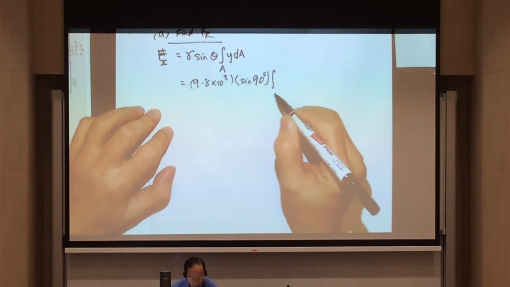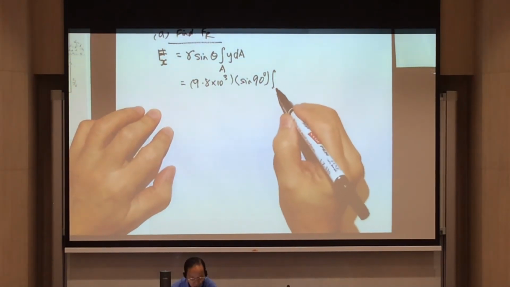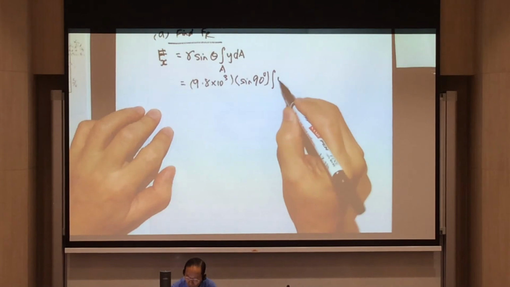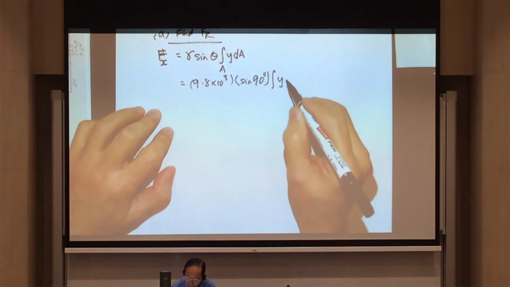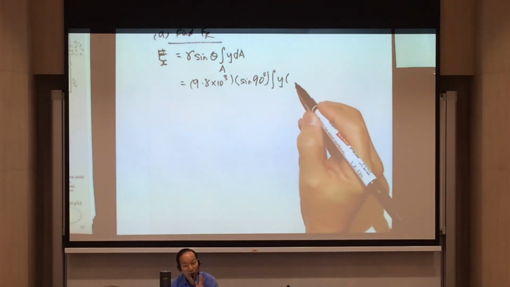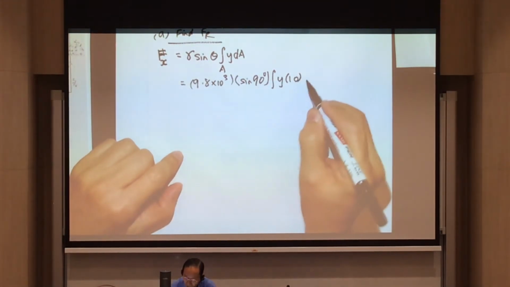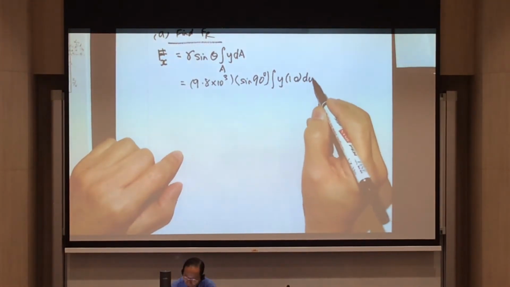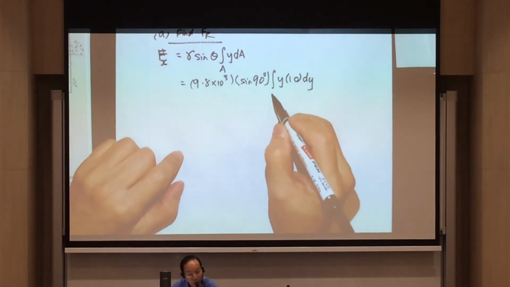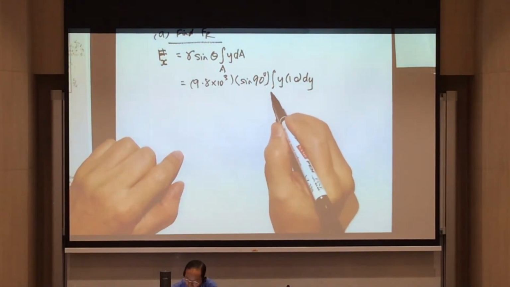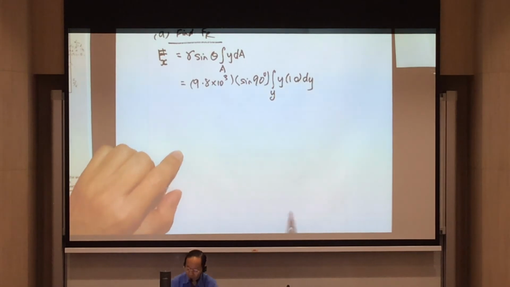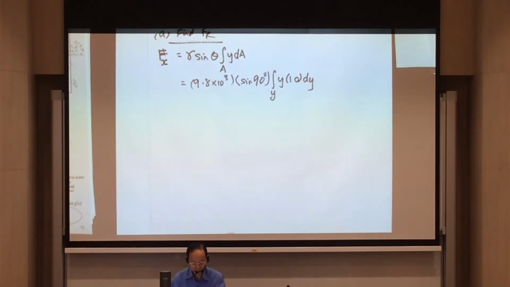Then again, you integrate. In this case, we have y, and we have b here. This b is given, it is the length of the ship, 10, as b and dy. Now you don't integrate over the whole surface area, you integrate across y.